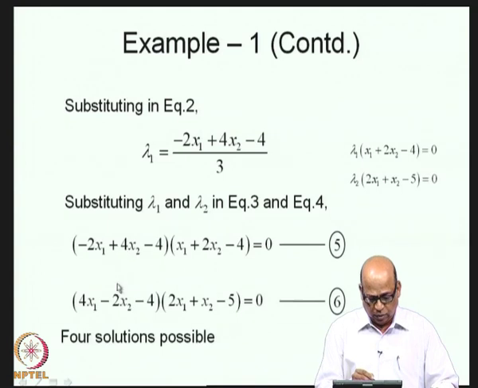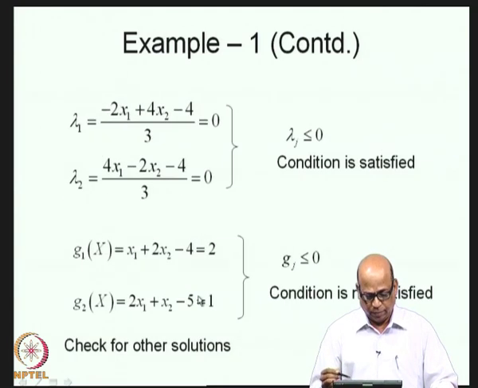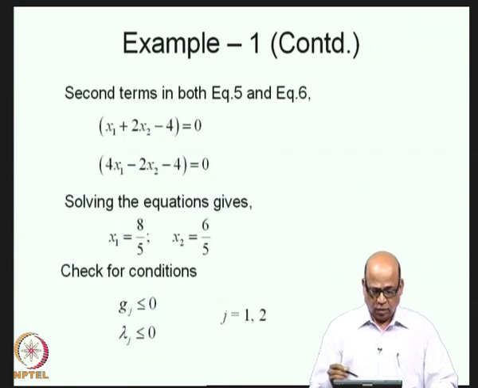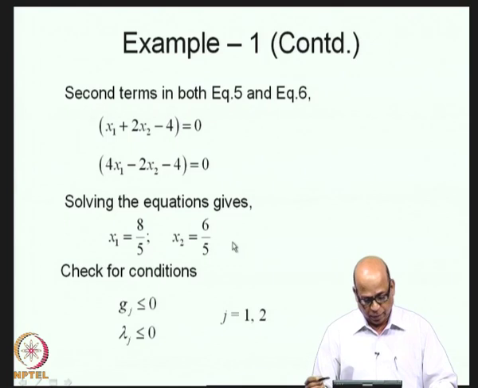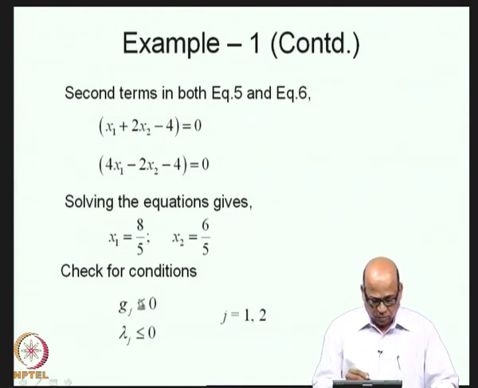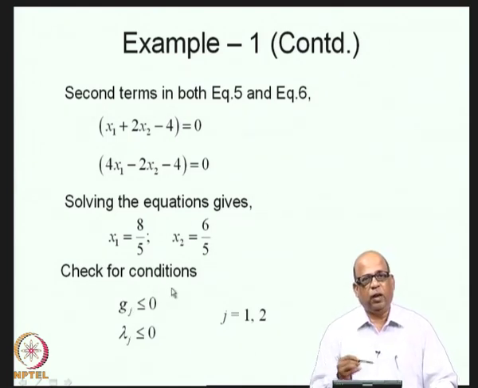We initially took these 2 sets, we take now these 2 sets and then obtain the solutions. So, we take these two sets of equations and obtain x 1 is equal to 8 by 5 and x 2 is equal to 6 by 5. With these now, we again examine whether g j of x is less than or equal to 0 and lambda j is less than or equal to 0 are satisfied.